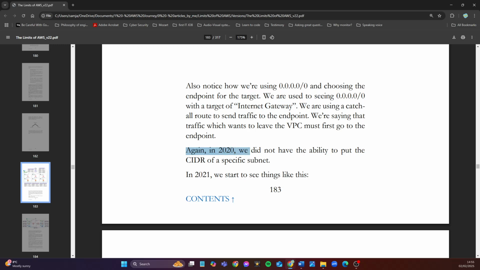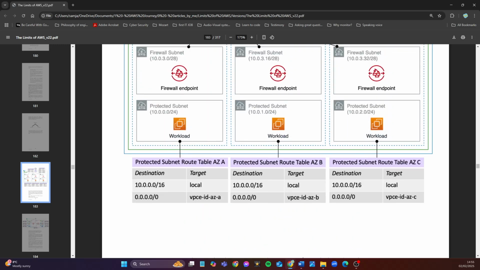Again, in 2020, so in other words, it's not an accident that 0.0.0.0/0 is associated with Internet Gateways usually. I've said it's not a necessary connection, but it is important that it's the usual connection. Because we are saying, okay, if you're going to 0.0.0.0/0, you should first go to the firewall endpoint.